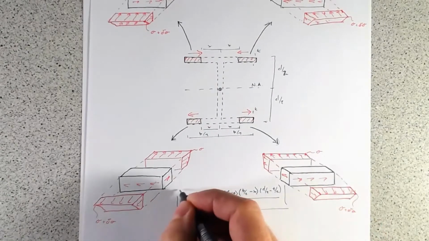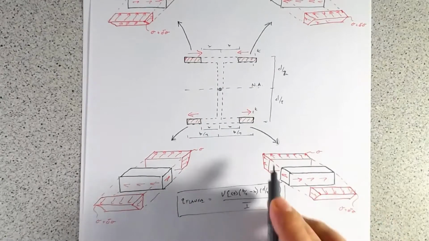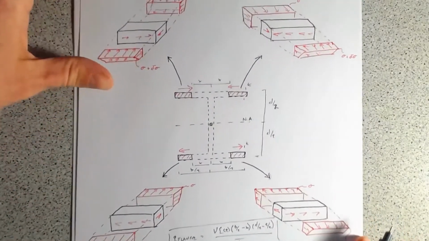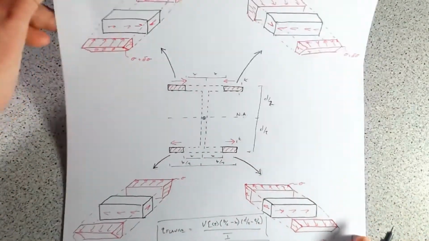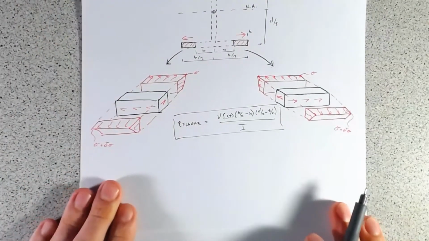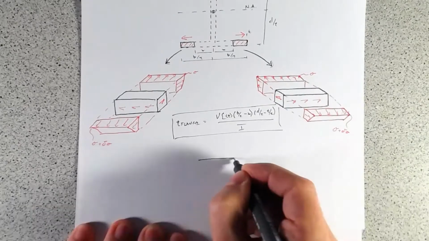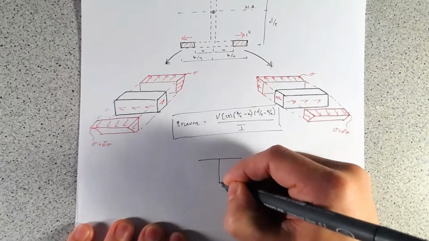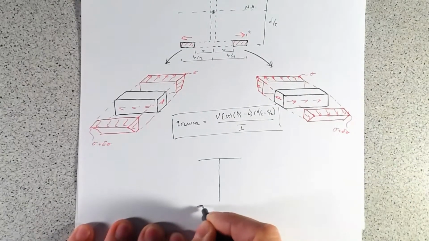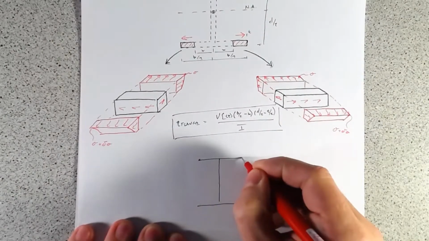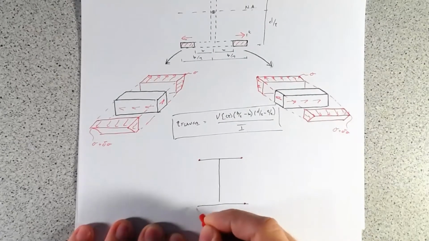And because we have to have zero shear at a free edge, if we draw what our flanges look like in terms of what the shear flow distribution is, well, we know that we've got to start at 0 for all of them.